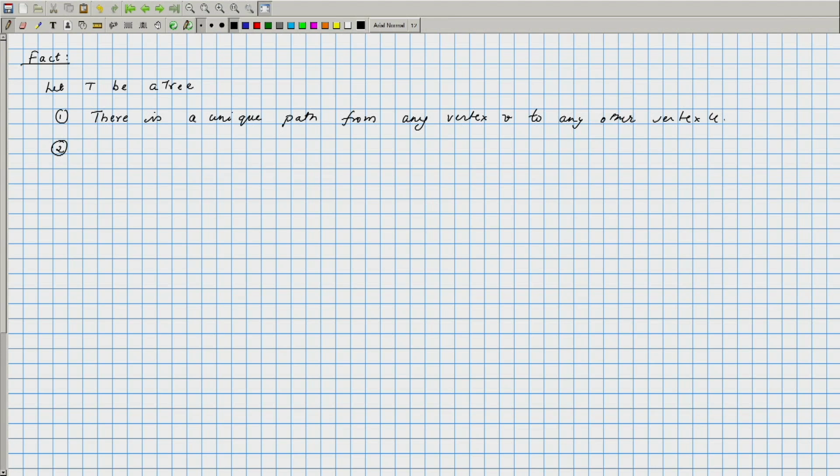The second fact is T has n minus 1 edges, where n is the number of vertices.